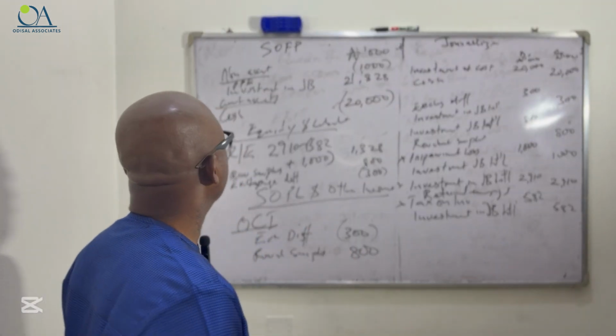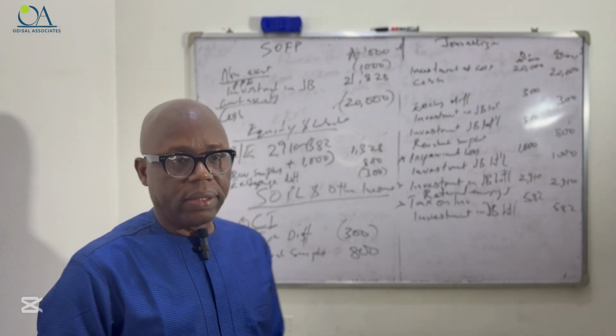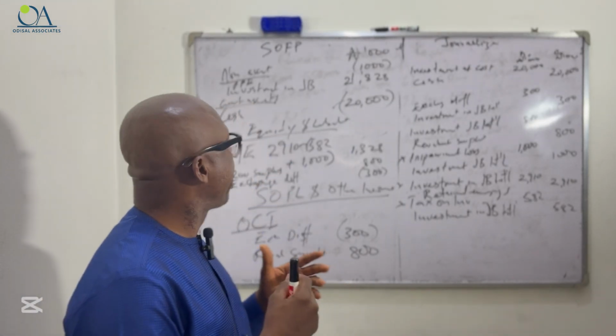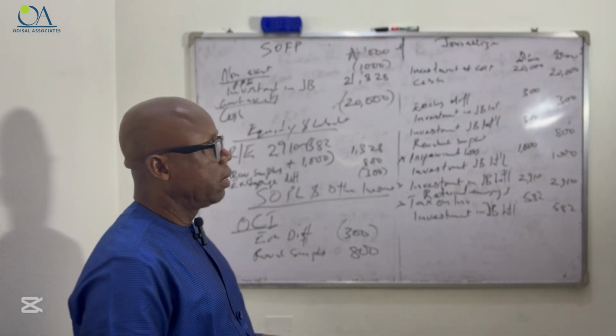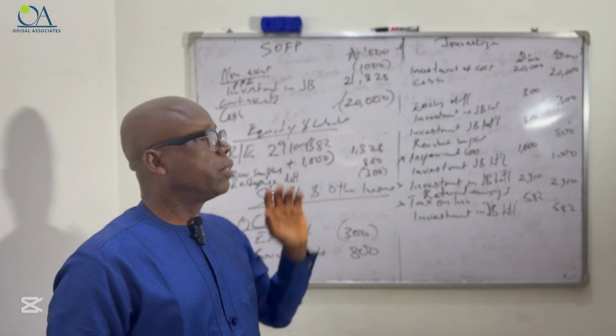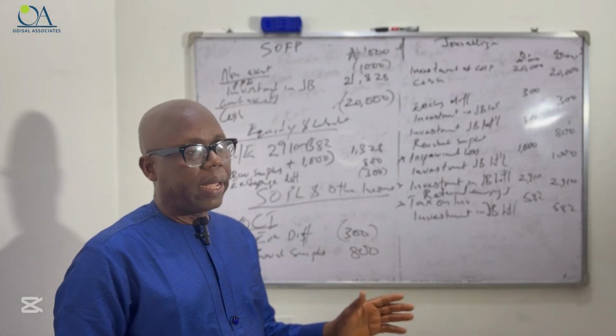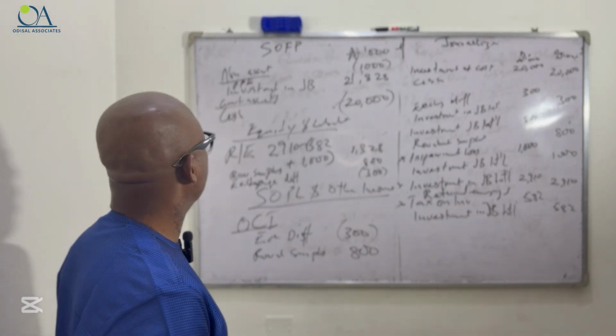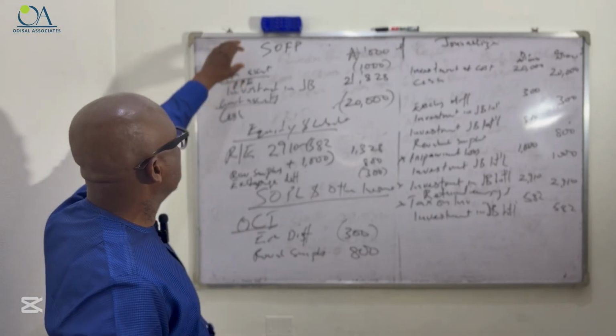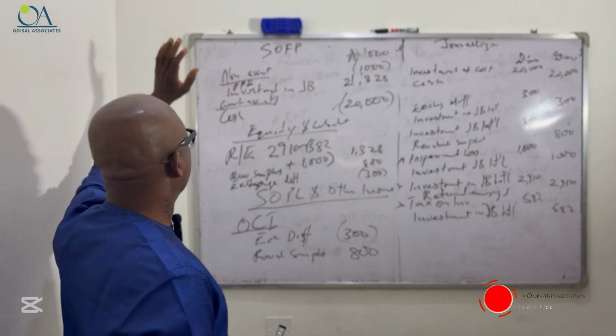After journalizing, we are required again to show the extract of the transaction in the book of my GF PLC. So we have the statement of financial position.